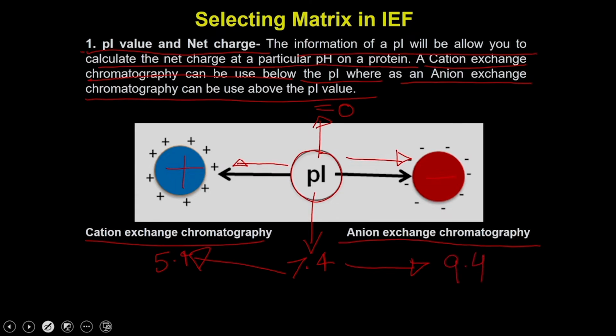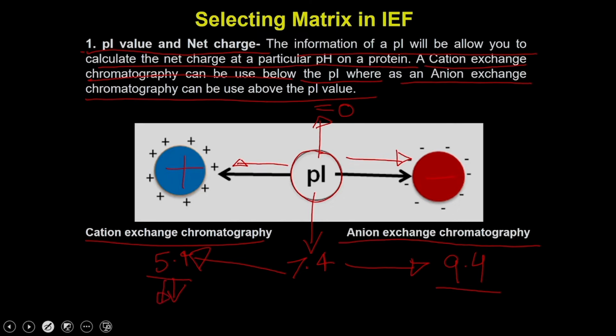Now, whether I will use cation exchange chromatography or anion exchange chromatography will depend on whether the enzyme or the protein we are planning to purify is having the native conformation at this pH as well as maintaining the enzymatic activity.